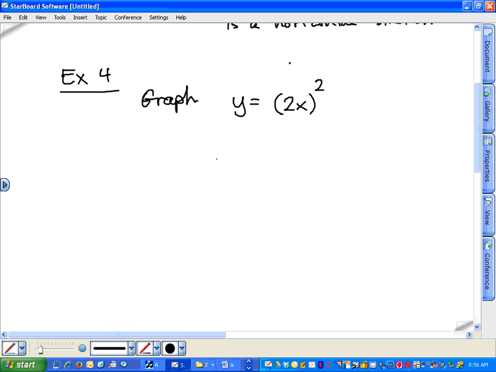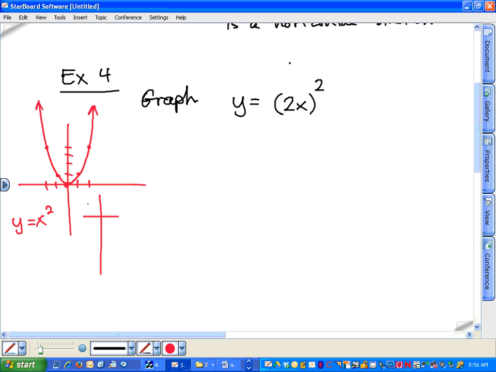Let's consider the parent function real quick. I know we just graphed it, but I want to have it again on there. So this is the parent function of y equals x squared, which has these following points. (-2, 4), (-1, 1), (0, 0), (1, 1), (2, 4).